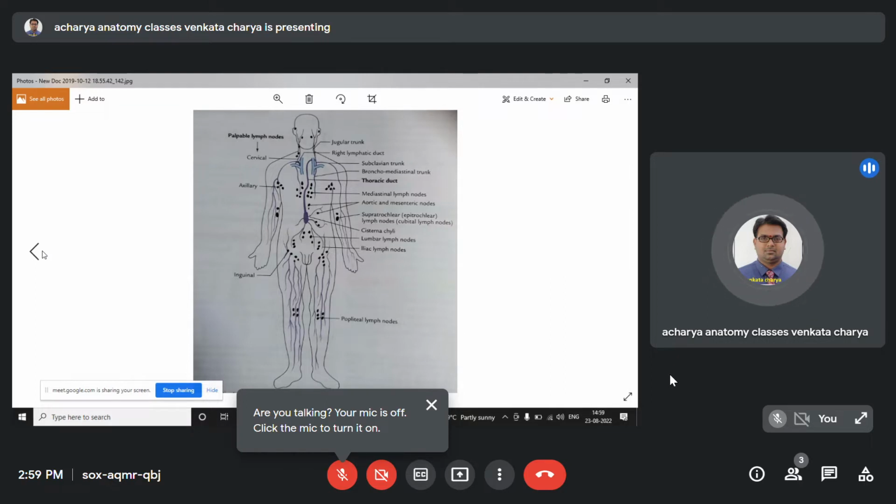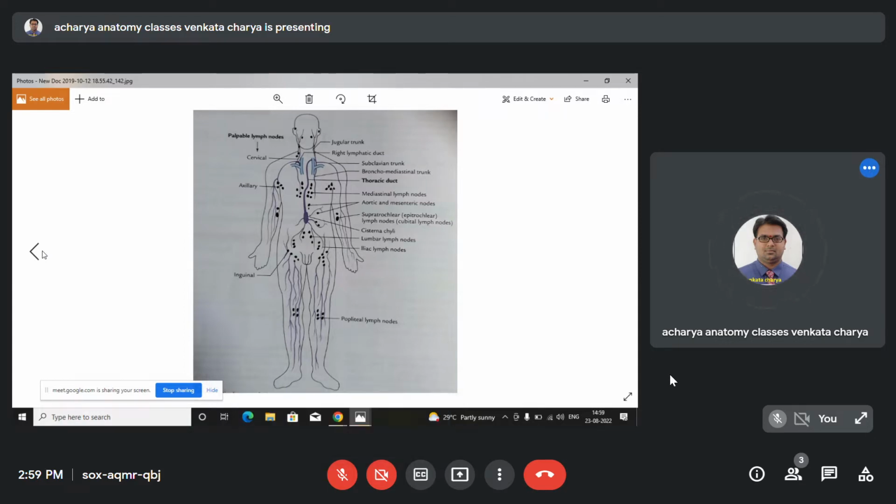Okay. So in our body there are lymphatic organs. Number one is the lymph nodes. Number two, spleen, and thymus. Lymph node, spleen, thymus. These are the lymphatic organs present in our body.